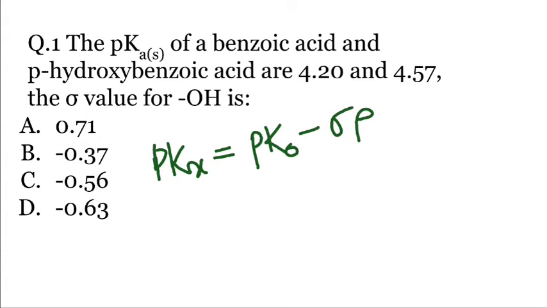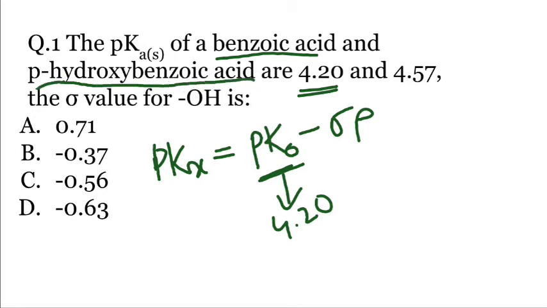For benzoic acid we have 4.2, that means it is pure benzoic acid, an unsubstituted benzoic acid, and this value is for unsubstituted benzoic acid, 4.20. And para-hydroxybenzoic acid, that means substituted benzoic acid, the value for pK is given as 4.57.